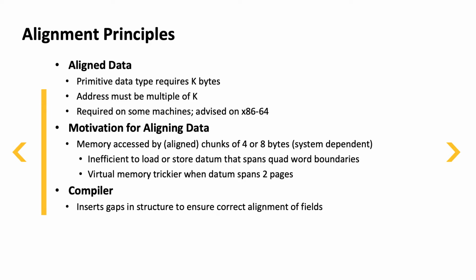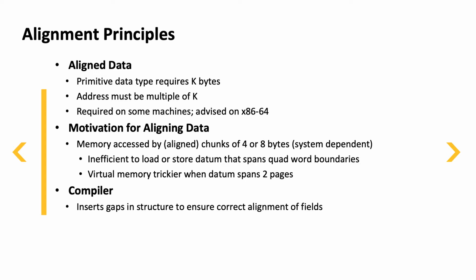It's not going to be efficient to have an integer stored with 2 bytes of it in one quad word and another 2 bytes in a different quad word. We're going to have to do more memory accesses to get the whole thing. Virtual memory is even trickier when the datum spans 2 pages, and we'll get into virtual memory later on in future videos. So what the compiler does for us is it inserts gaps into the structure to ensure that each of the fields is aligned correctly.